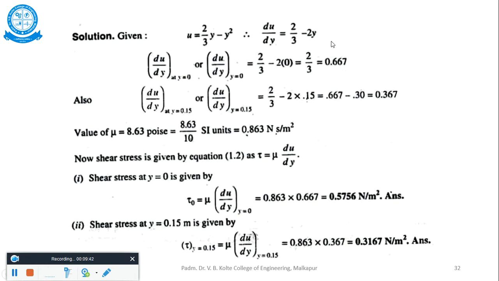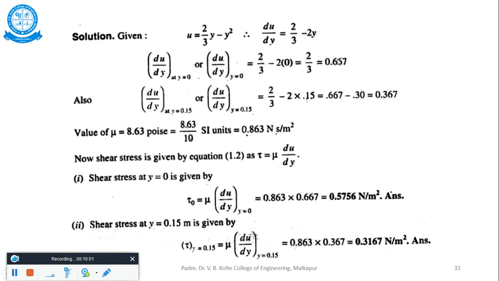Then we have two values of y. First case is y equal to 0 and second case is y equal to 0.15. We put these values in this equation and find du by dy at y equal to 0 and at y equal to 0.15.